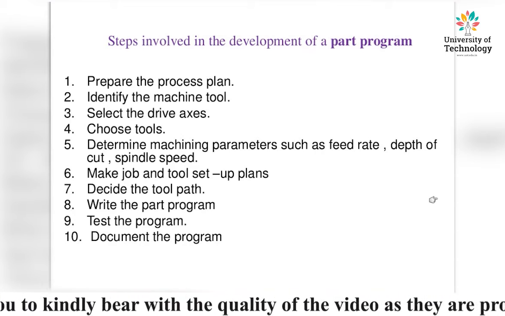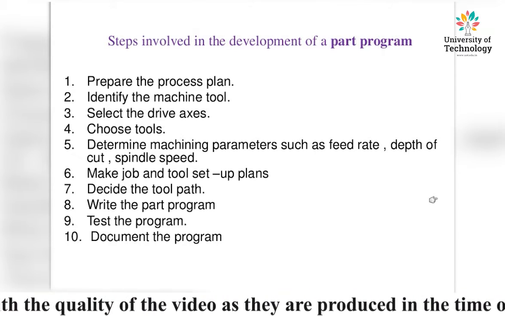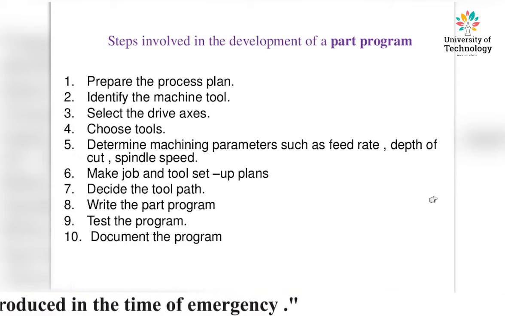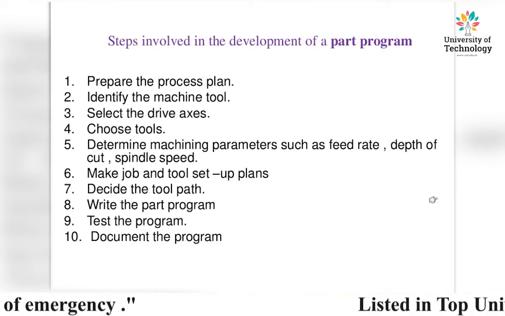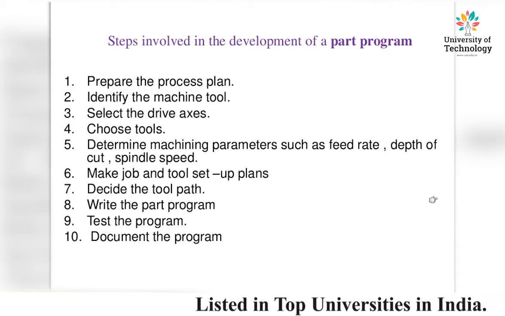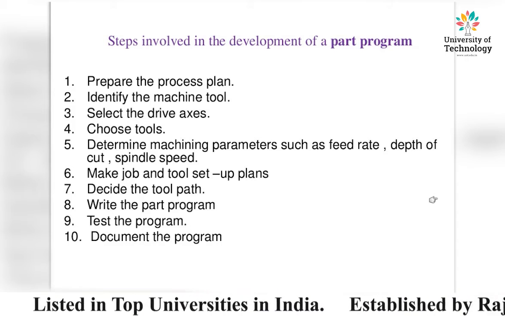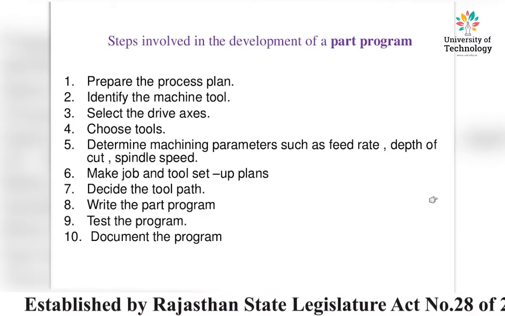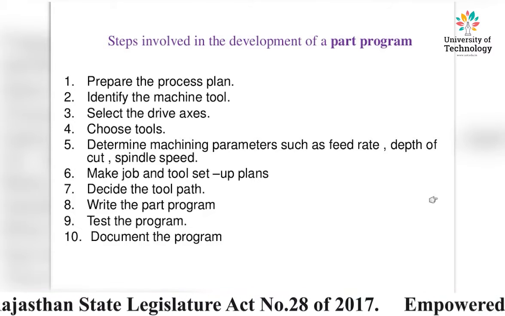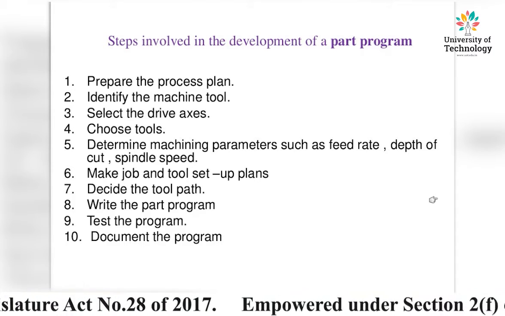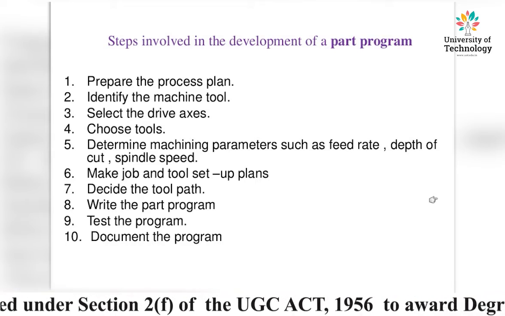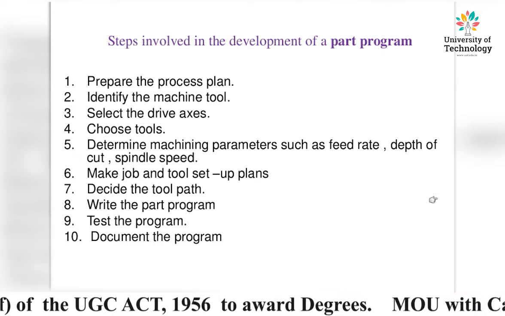The sixth step is to make job and tool set plans, then step 7 is to decide the tool path, and step 8 is to write the part program with the help of numeric codes. The ninth step is to test the program, and the tenth is to document the program for use.